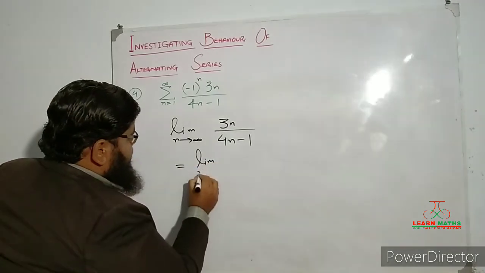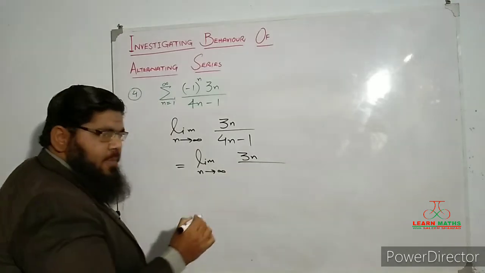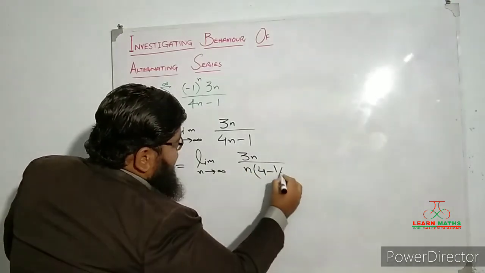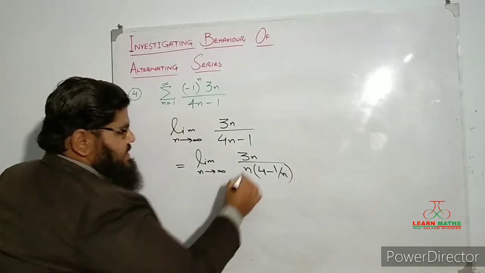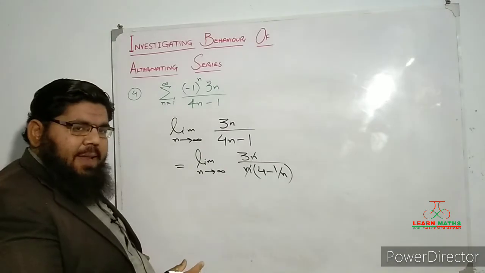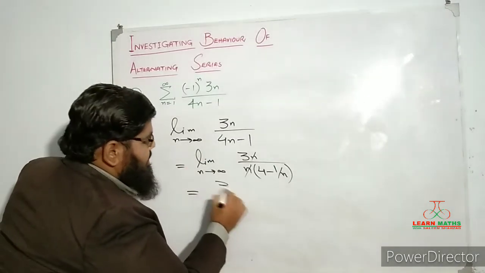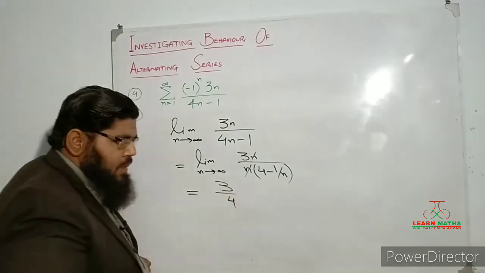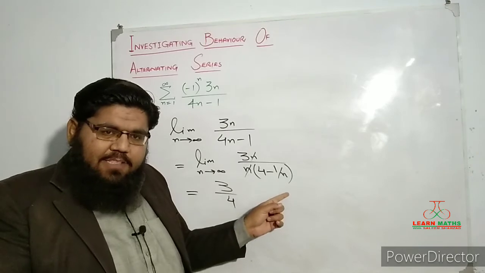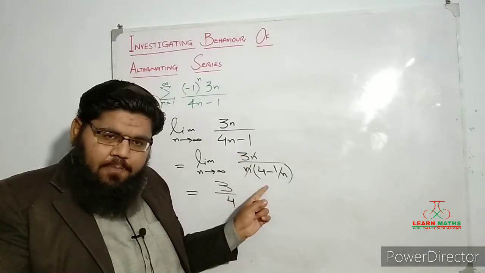So what we are going to do is to take n as common from the denominator, and we will have 4 minus 1 over n. This n will cancel away with this one, and then we simply apply the limit. What will we have? We will have 3 over 4. How? Because 1 over n, when we put infinity over here, will become 0. So we will have 3 over 4.